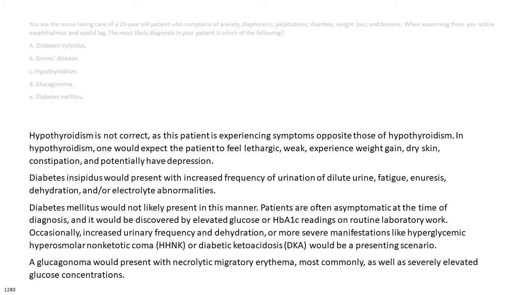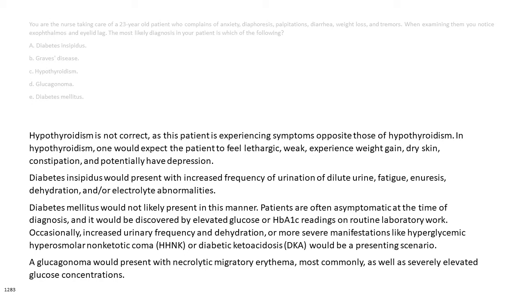In hypothyroidism, one would expect the patient to feel lethargic, weak, experience weight gain, dry skin, constipation, and potentially have depression. Diabetes insipidus would present with increased frequency of urination of dilute urine, fatigue, enuresis, dehydration, and/or electrolyte abnormalities.